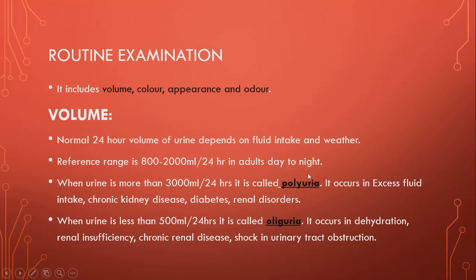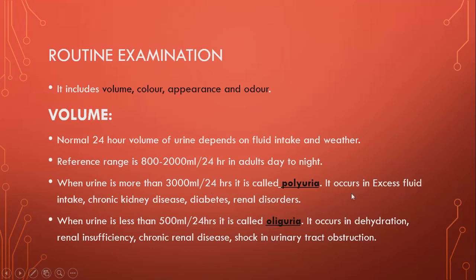Now there are two terminologies, polyuria and oliguria. Poly means excess, olig means less. Polyuria is defined when urine is more than 3000 ml per 24 hours or more than 3 liters.